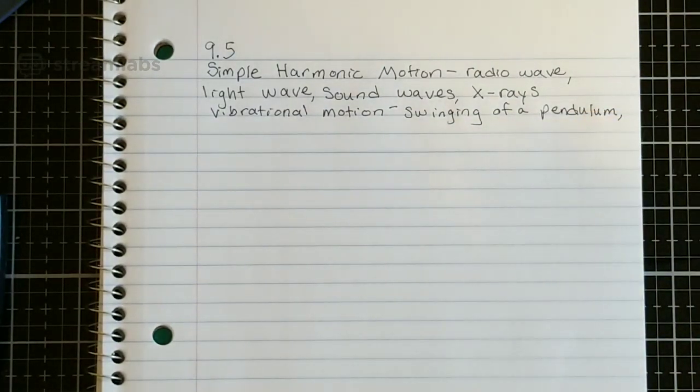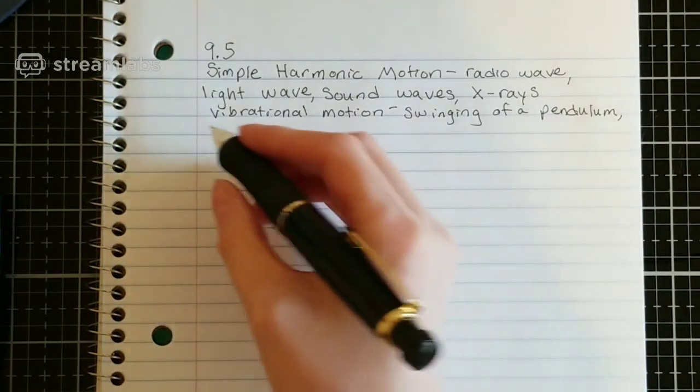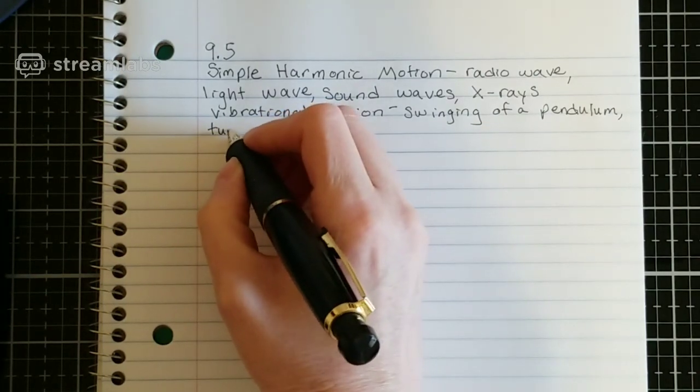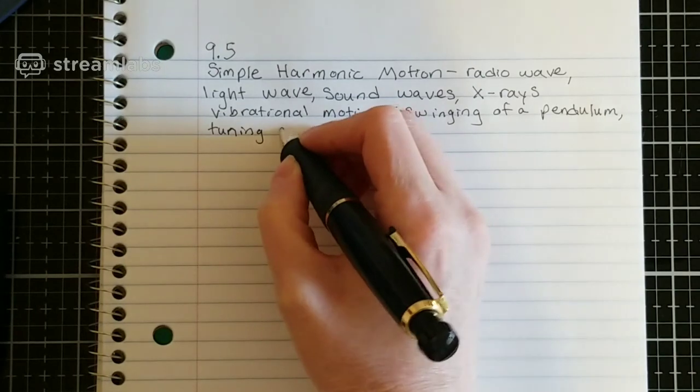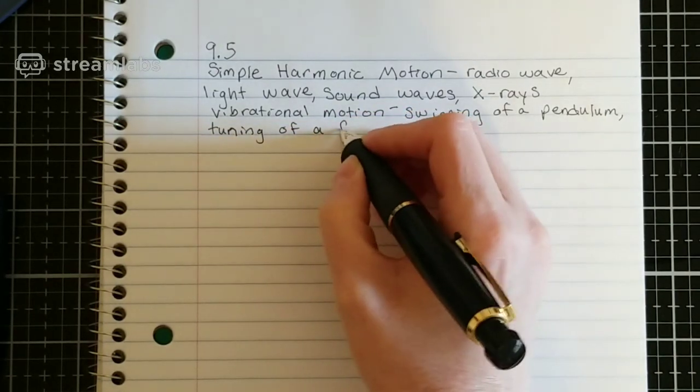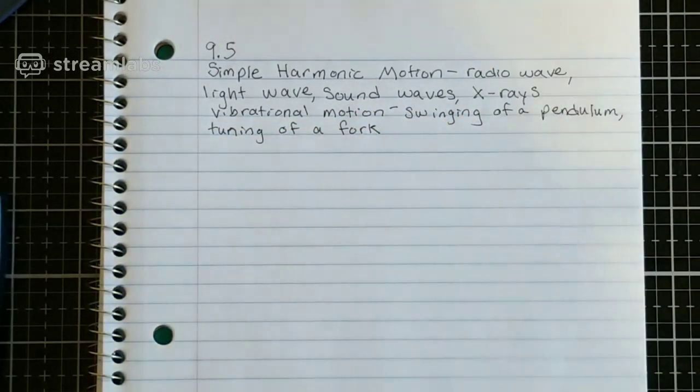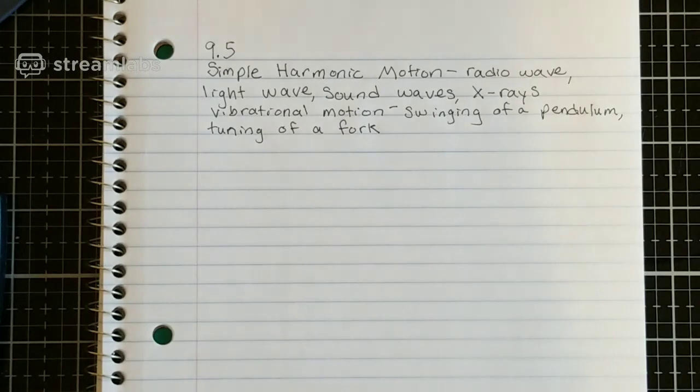It would also be if you had one of those tuning forks and you hit it and then it makes that vibrational sound. That would also be another example. And then the one that's most commonly going to be on all of the homework assignments would be a weight bobbing on a coil.